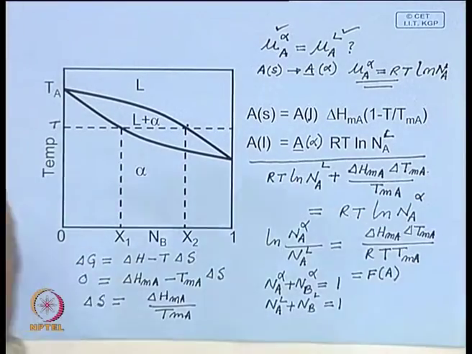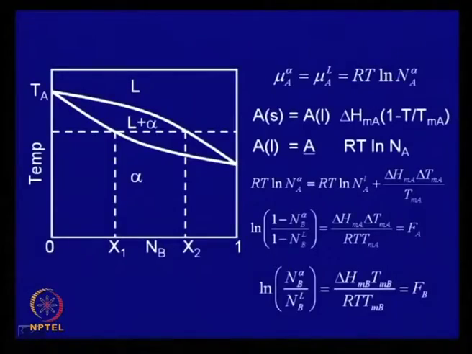So with these, it is possible to construct the phase diagram from the thermodynamic parameters defining A and B, basically the enthalpy change in melting and the melting point. This is what you need. Then you can construct one equation like this and another equation which is given over here.